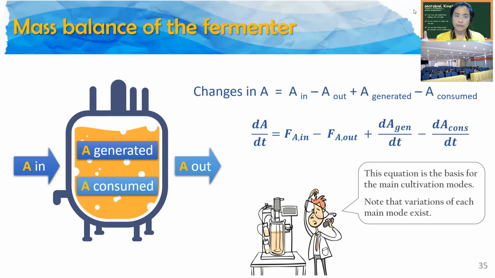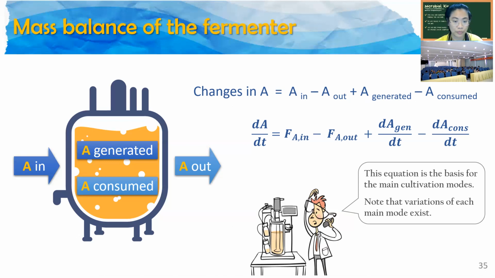If you look at the mass balance around the fermenter, like you see in the picture, you could feed something into the fermenter, and something could get generated, like the cells grow and product is formed, or something could get consumed, like the substrate.